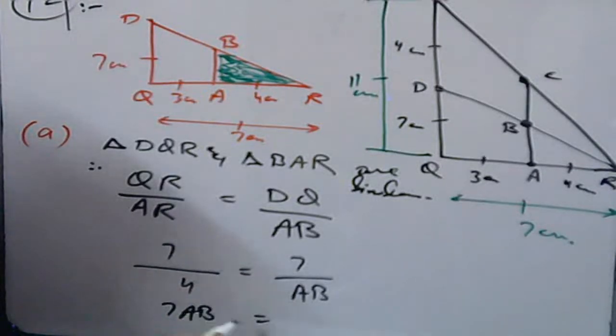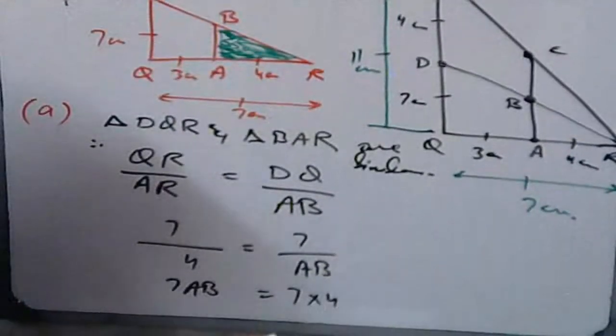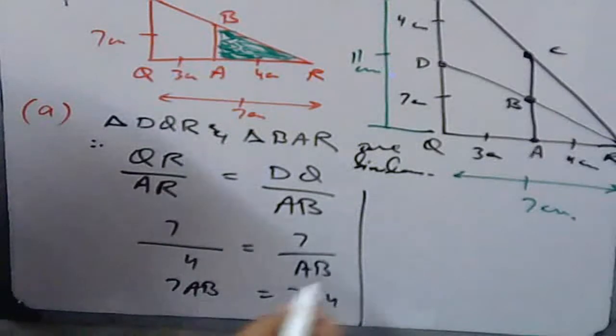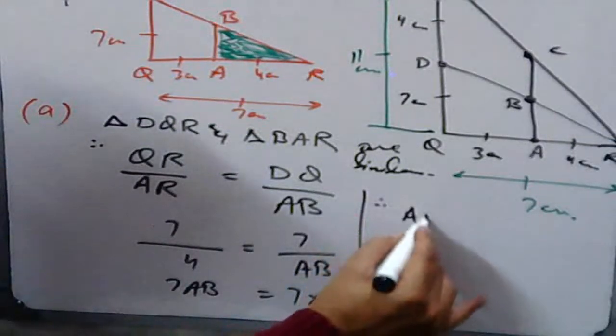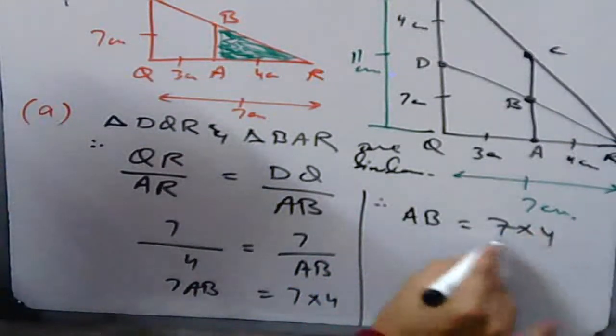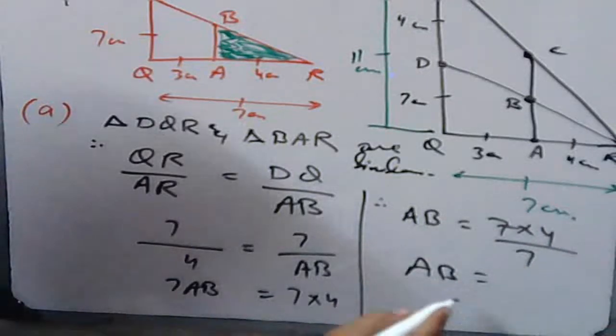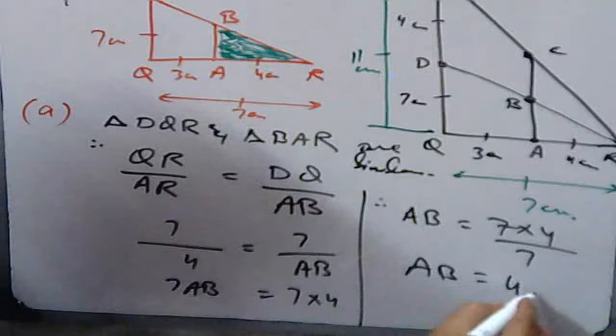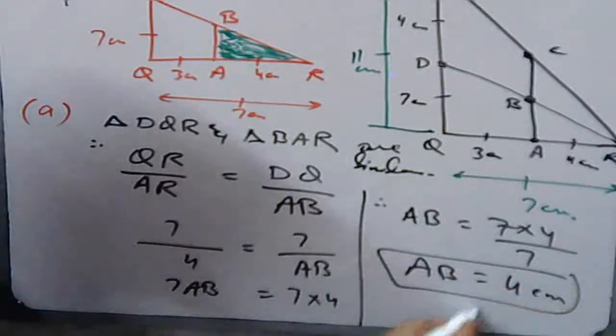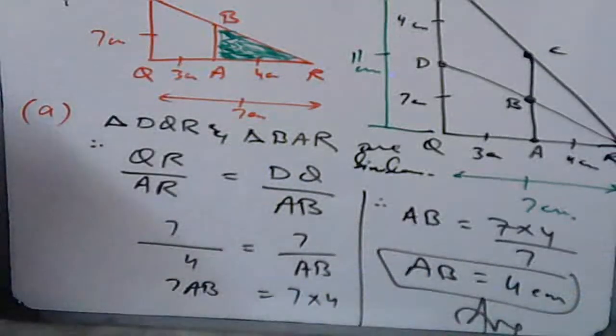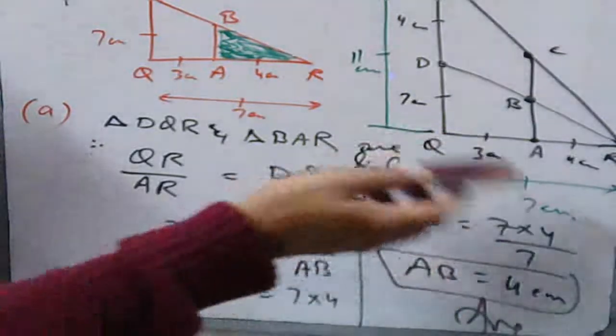By using cross multiplication, 7AB is equal to 7 cross 4. So AB is equal to 7 cross 4 divided by 7. The 7 will be cancelled. So the value of AB is 4 centimeter. That is your required result for A part.